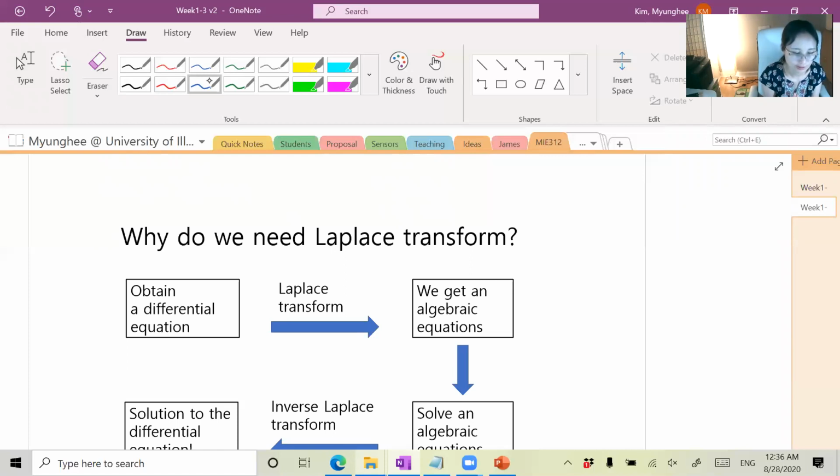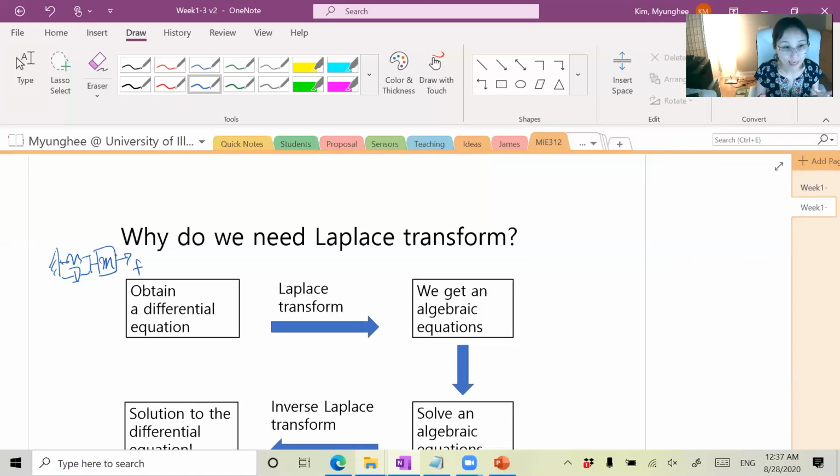It's because, again, this makes our life easy. Because we are lazy, we want to make it simple. So for maybe a spring damper system, you can obtain a differential equation, maybe through a free body diagram or Lagrangian method or something.